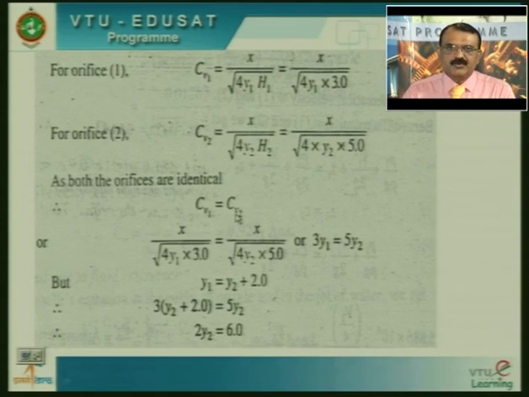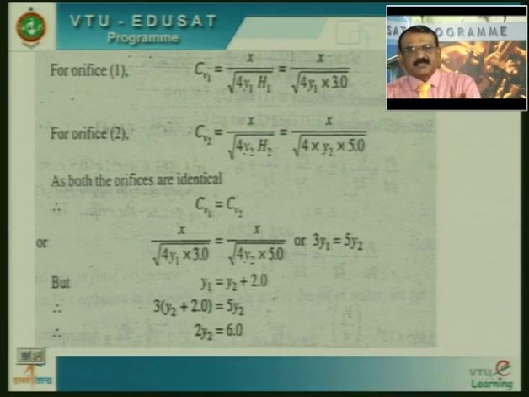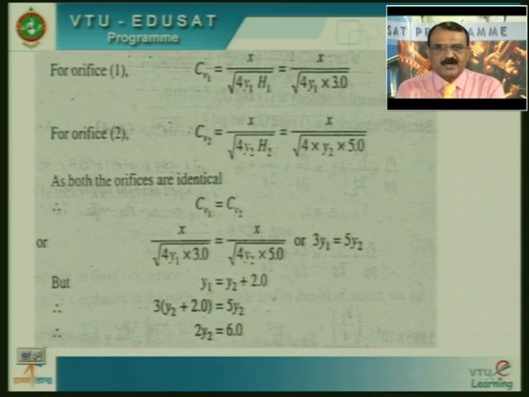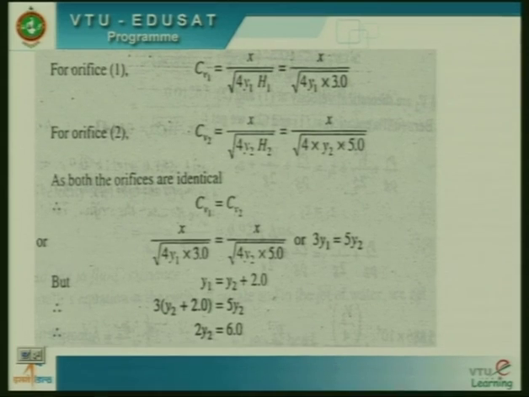CV1 is equal to CV2. Now x square divided by 4y1h is equal to x square divided by 4y2h. If you simplify this, you are going to get a relation between y1 and y2. I repeat, in the given problem there is a definite relation between CV1 and CV2. So in this case CV1 is equal to CV2 is equal to 0.98, given.